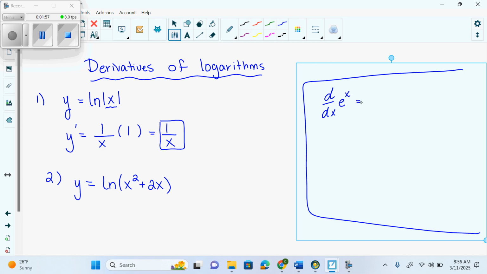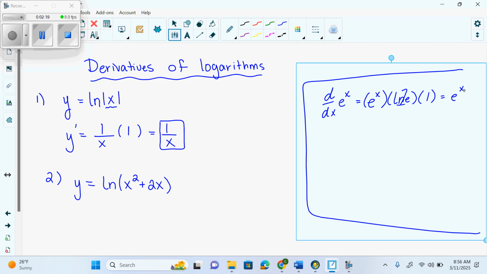We're just going to do the exponential one. How do we do that? It's a numerical base to variable exponent. Rewrite it, and then ln the base. Ln of e just happens to be 1. And then the derivative of the exponent, which is 1. So that's why we got e to the x. Correct? Okay.